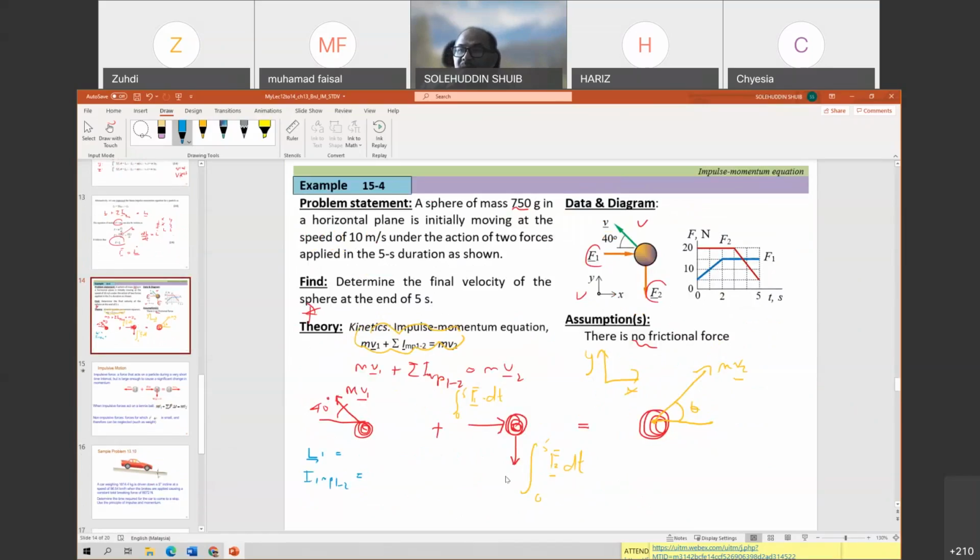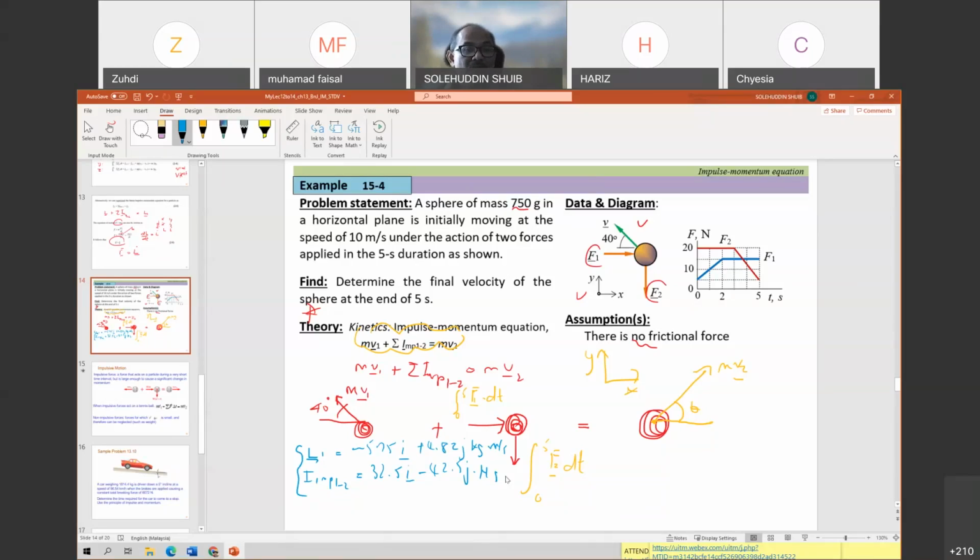So L1 is minus 5.75 i plus 4.82 j, in meters per second, and for the impulse, you get 32.5 i minus 42.5 j.